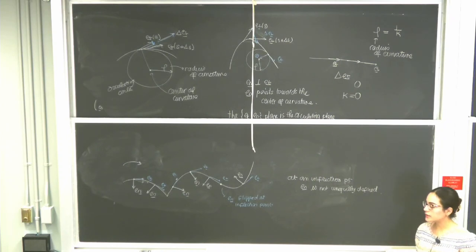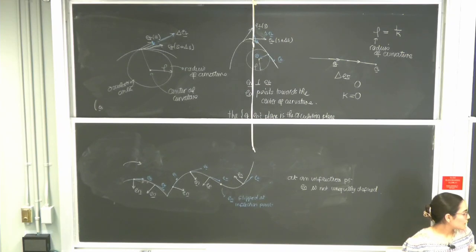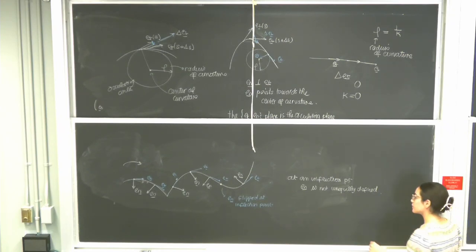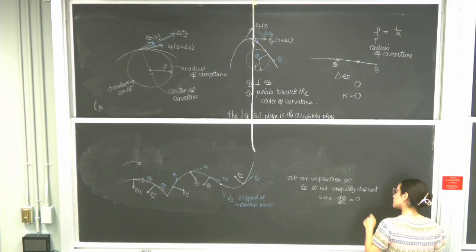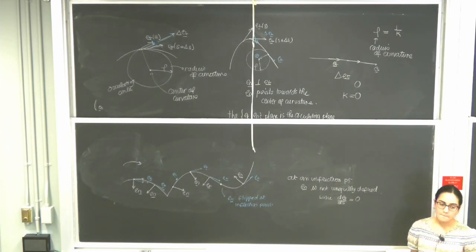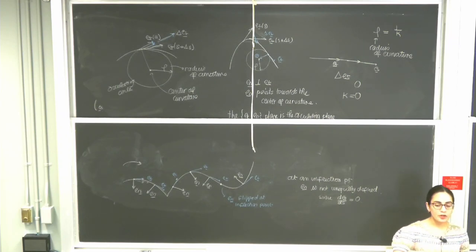EN is not uniquely defined because that derivative is not uniquely defined, or basically that derivative is equal to 0. So, yes. Close to the inflection point, the curve resembles a line.